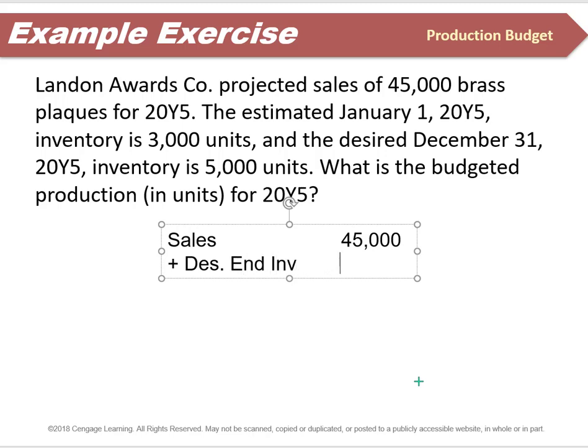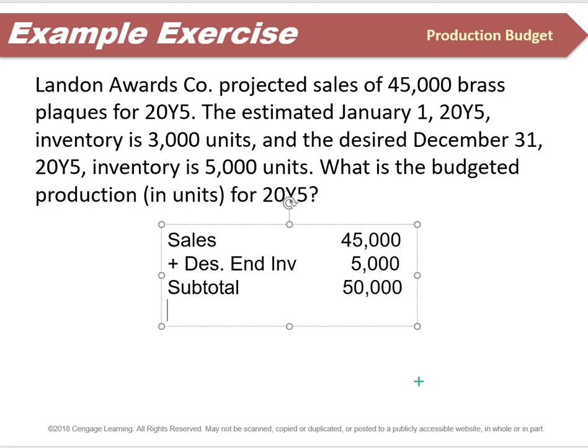We want to have 5,000 units on hand at the end of the month. I'm going to take a subtotal. This is the amount needed, maybe 50,000. And then less beginning inventory, and our beginning inventory is 3,000 units.